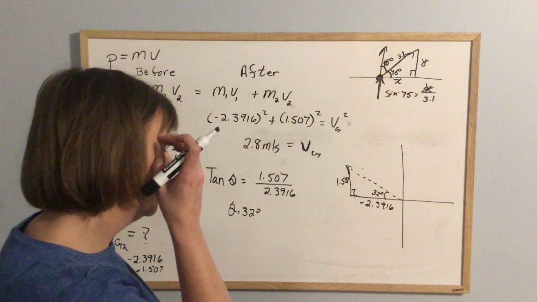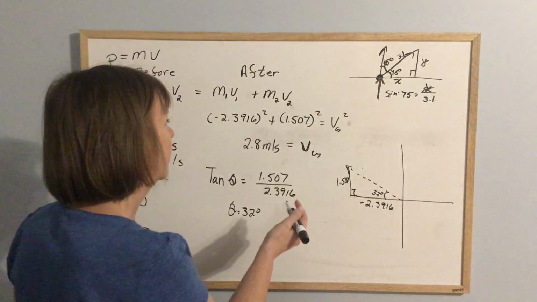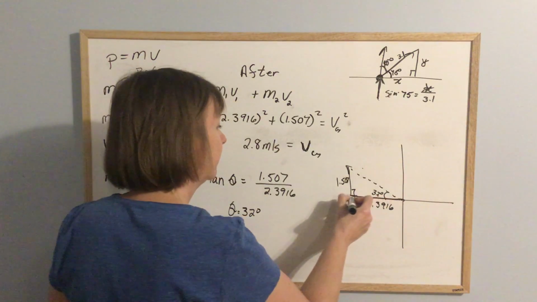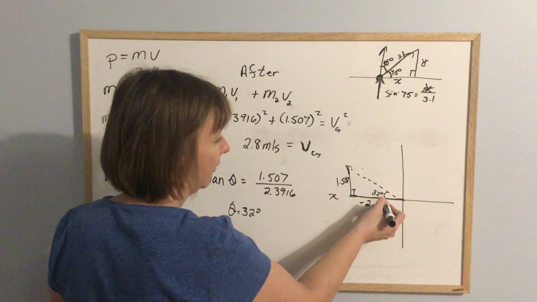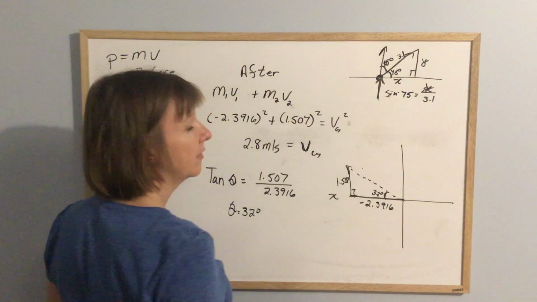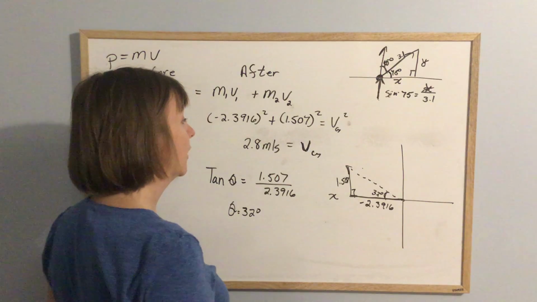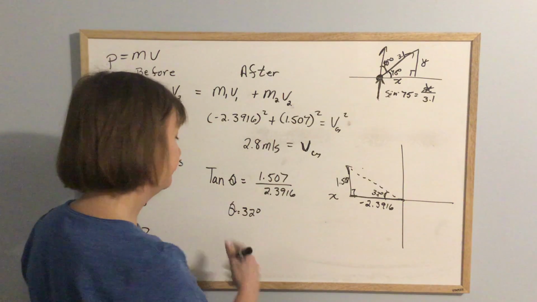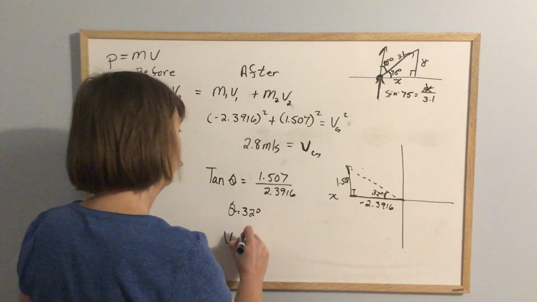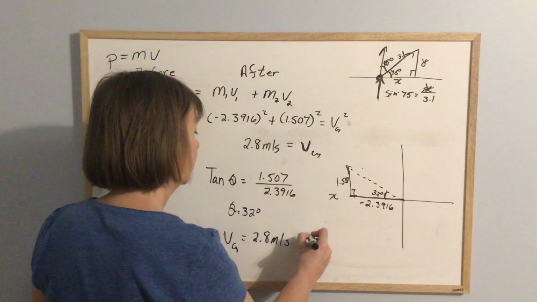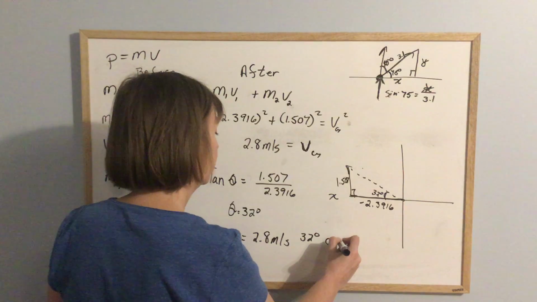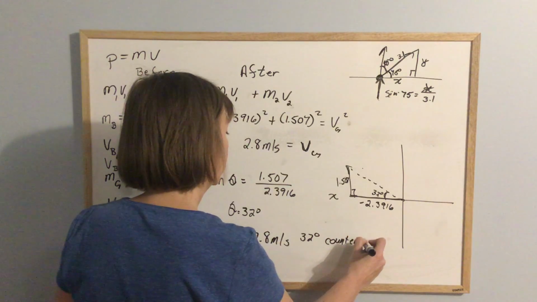I say it this way, okay? This is the x-axis, right? This is the x-axis. And if I start at the x-axis, I'm going 32 degrees in the counterclockwise direction. So when I give my answer, the velocity of the golf ball is 2.8 meters per second, 32 degrees counterclockwise.